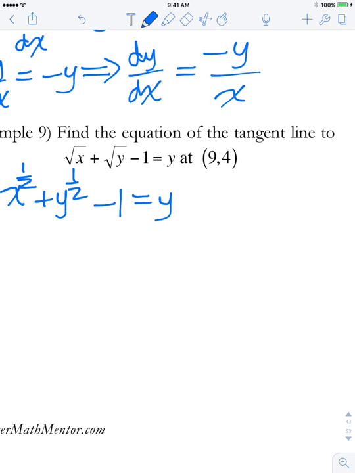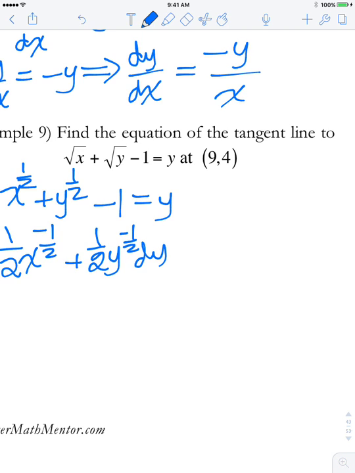The derivative of x to the 1/2 we know is 1/2 x to the negative 1/2, so we're done with x. The derivative of y is the same thing, plus 1/2 y to the negative 1/2 times dy dx. And the derivative of negative 1 is just 0, so I'm not going to write it, equals the derivative of y, which is dy dx.